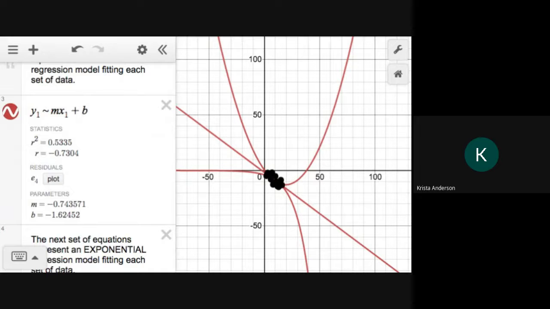Oops, negative 0.7. Okay. I'm going to move my calculator now that I have the data written down so I can see what the window looks like on my notes.